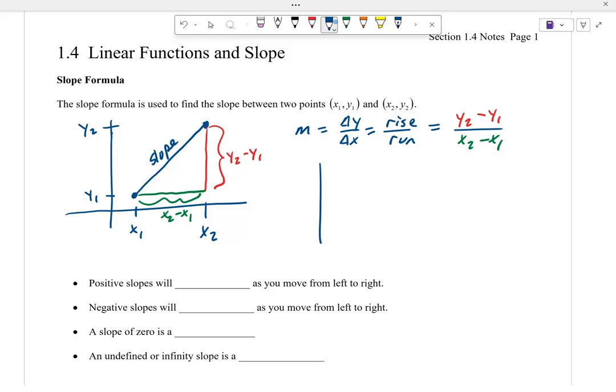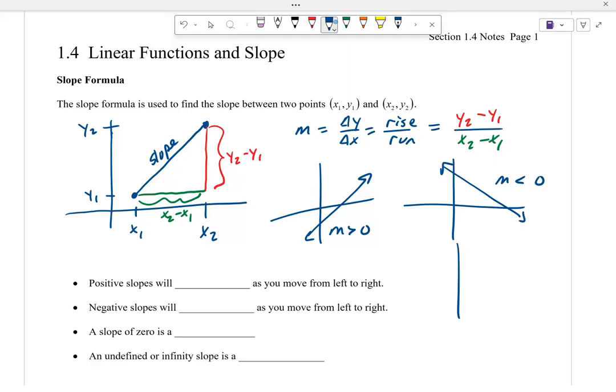So if you have a line that's going up and to the right, your slope is going to end up being positive. If you get a slope that's going down to the left, you should get a negative number for your slope. If you have a line that is perfectly constant, because y2 minus y1 is 0, you'll have 0 over whatever.